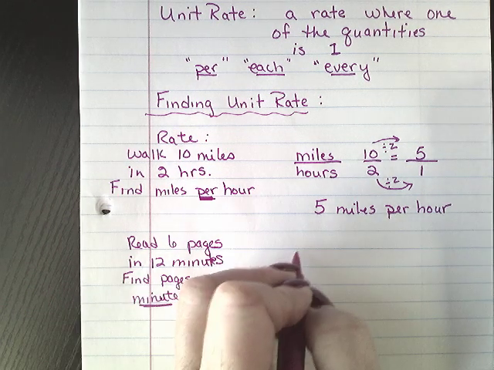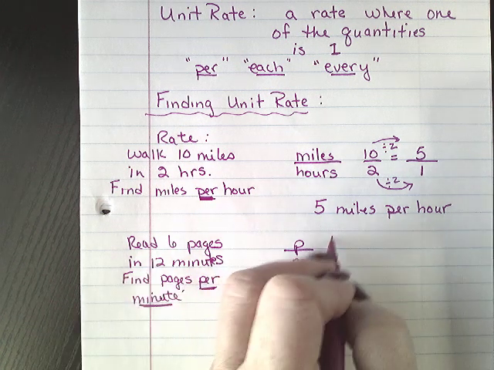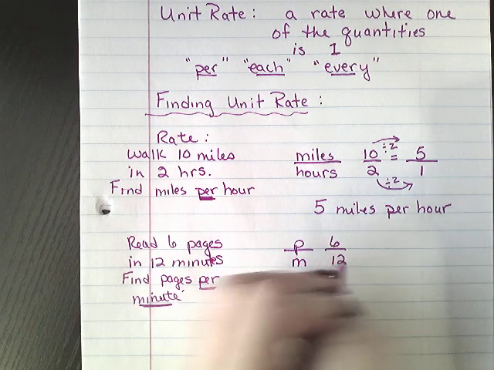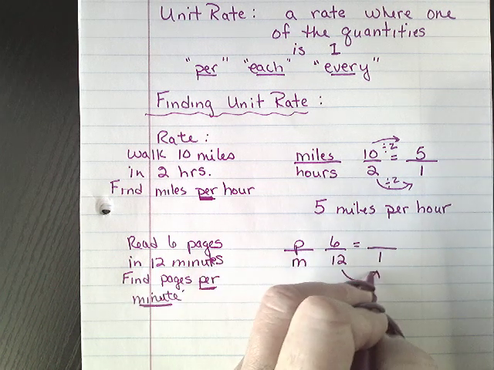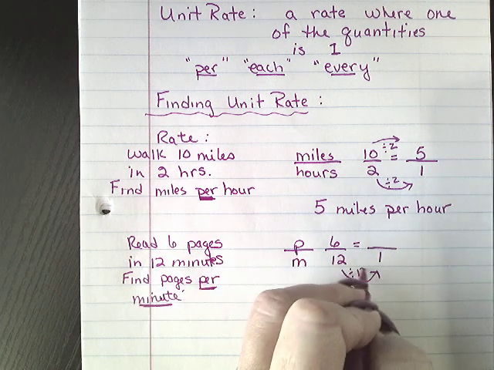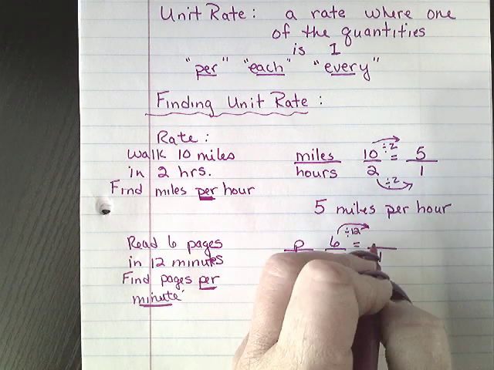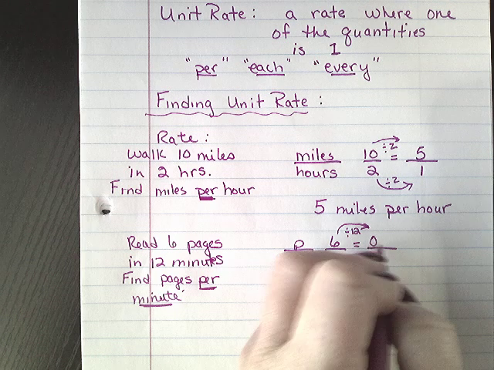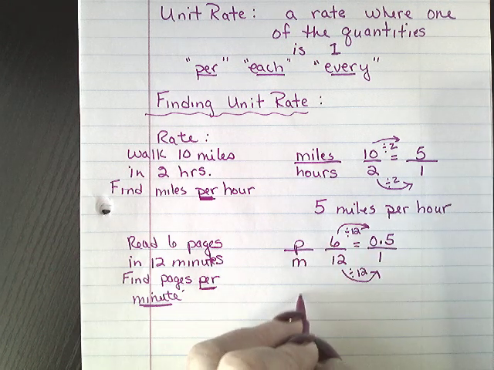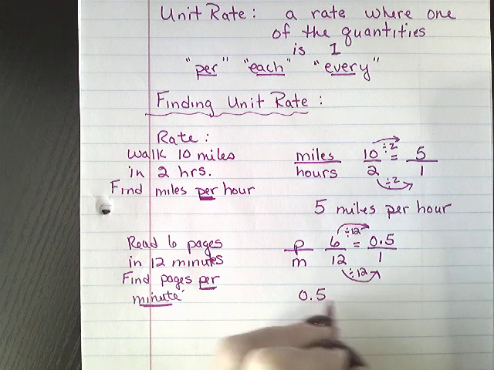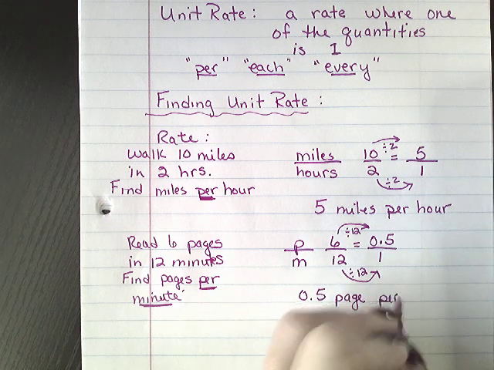So we need to do pages over minutes. Pages is 6 over 12 minutes. And we have to get to that number 1. If I divide this by 12 and divide this by 12, 6 divided by 12 is a half. So it would be a half a page per minute.